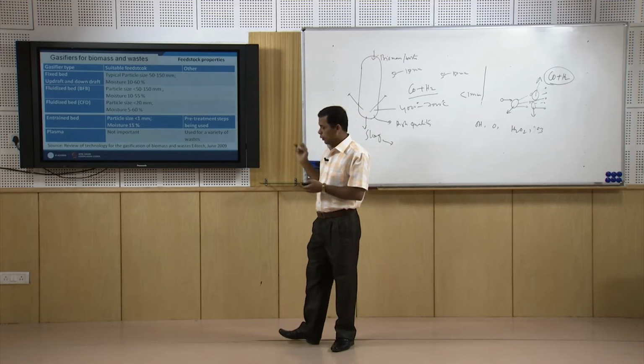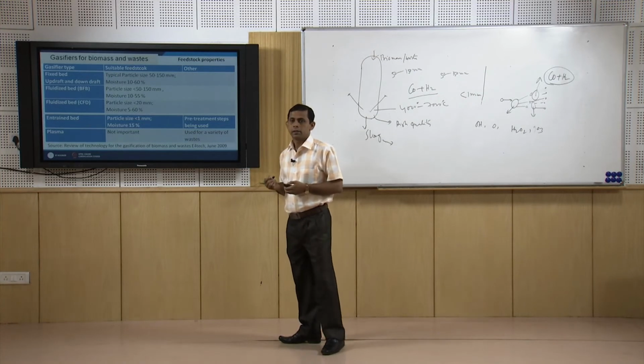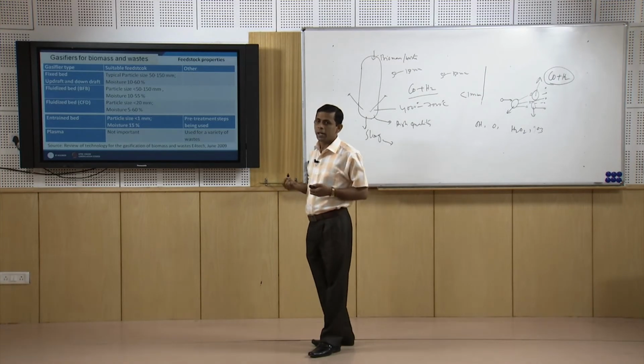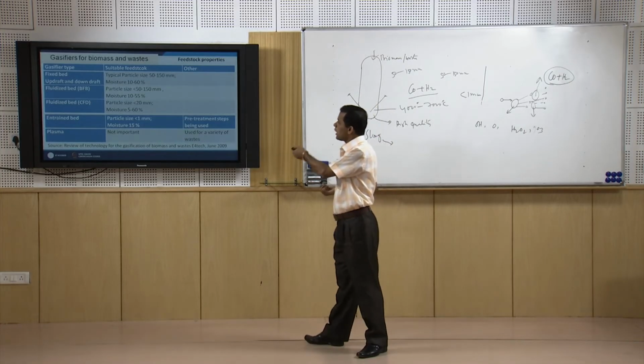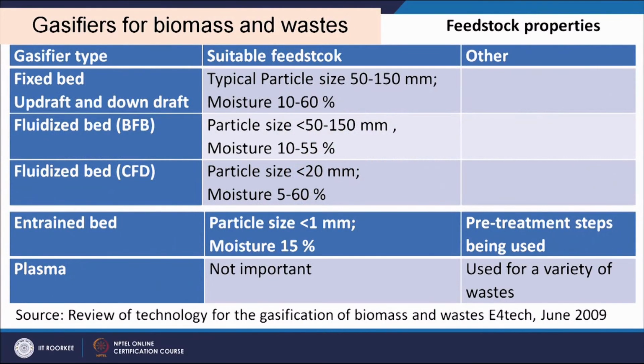And here is one important thing: the moisture content in biomass is very high with respect to coal. Fixed bed and fluidized bed gasifiers can handle biomass with a high amount of moisture, but for entrained bed the moisture content must be less. But in a plasma gasifier any moisture can be used.